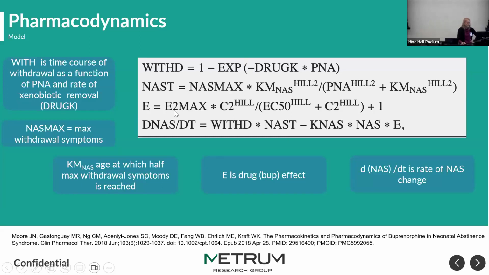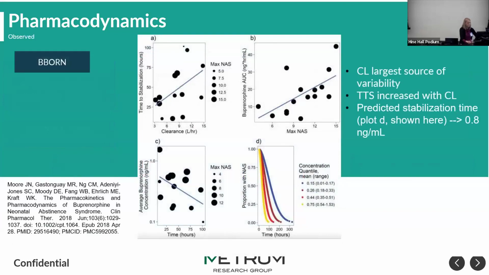And then E is our drug effect, where we have the sigmoidal Emax relationship. And then that all describes the change in time of the NAS score. So then these were the results of the PD model, or the pharmacodynamics, in B-born.